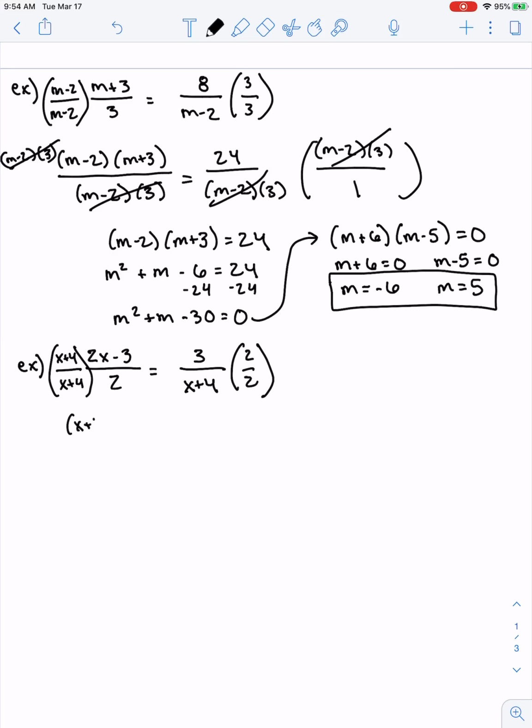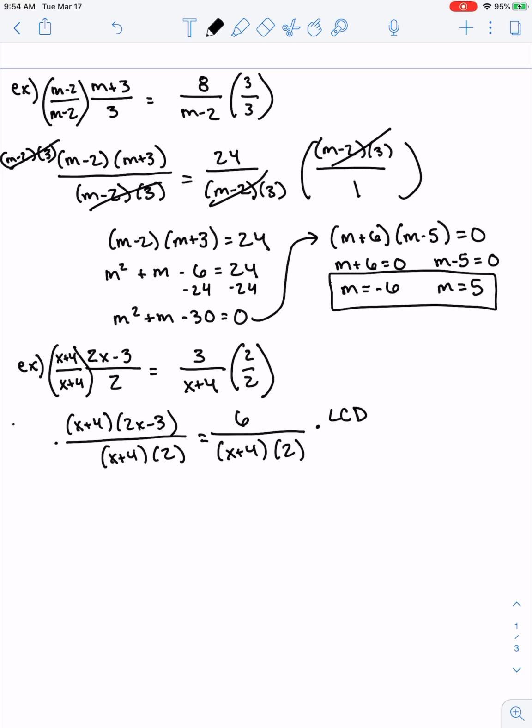And I get (x plus 4)(2x minus 3) all over (x plus 4) times 2 is equal to 6 all over that same common denominator, which I will then multiply. I'm just going to say least common denominator, knowing that I'm going to cancel those out. So we end up with (x plus 4) times (2x minus 3) is equal to 6.